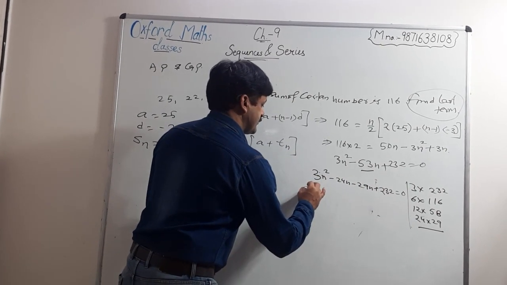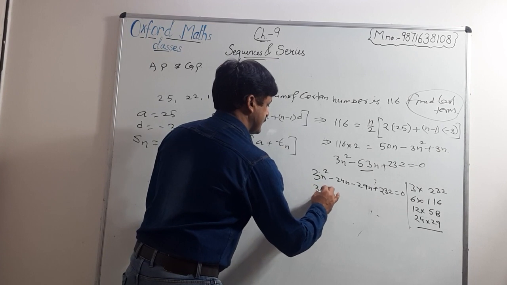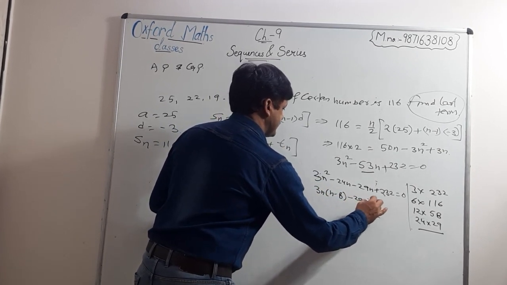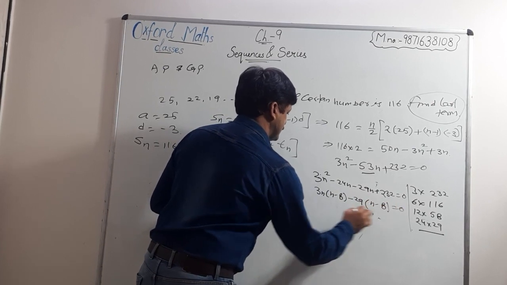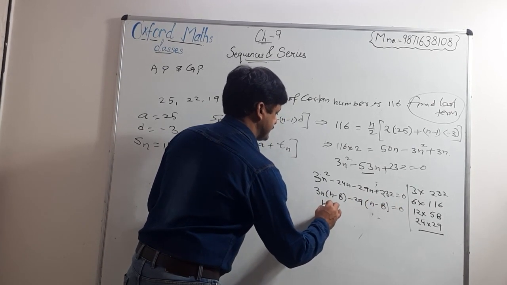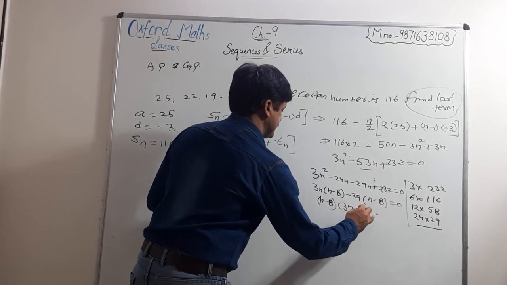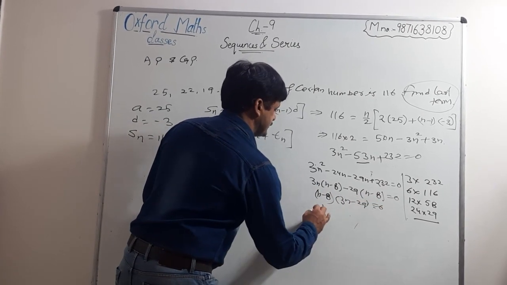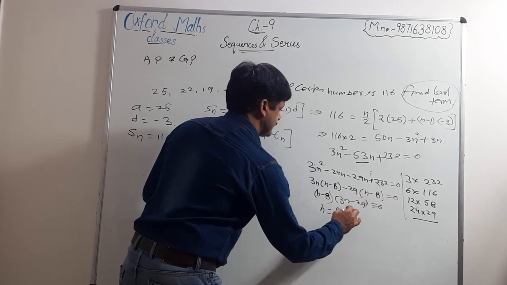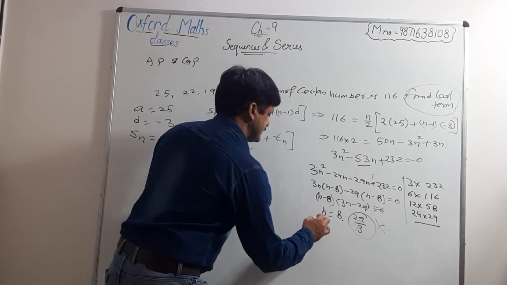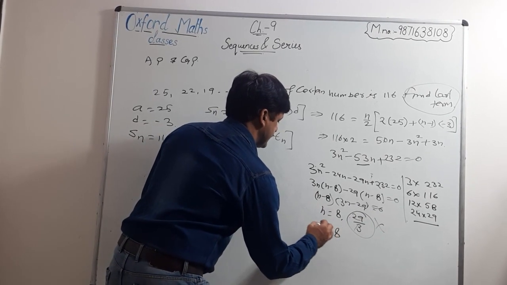Taking common 3n into n minus 8 minus 29 into n minus 8 is equal to 0, so n minus 8 is equal to 0 and 3n minus 29 is equal to 0. Or we say that n is equal to 8 and 29 upon 3. This is a fractional number, so not possible, so n is equal to 8.